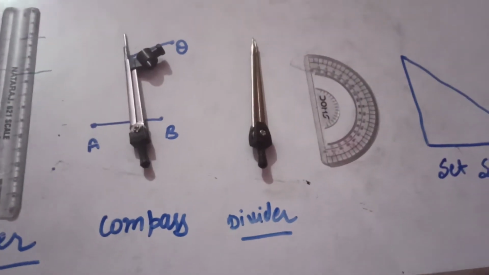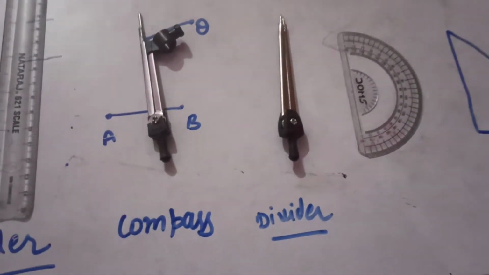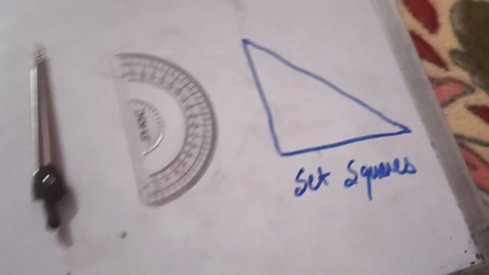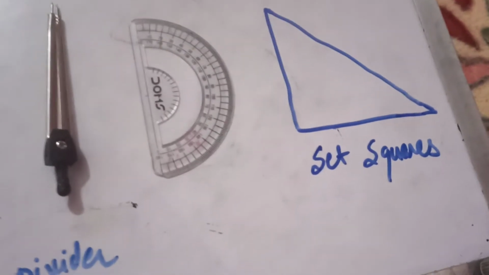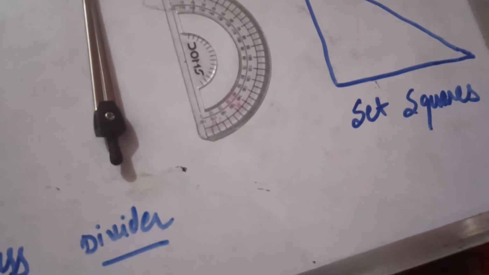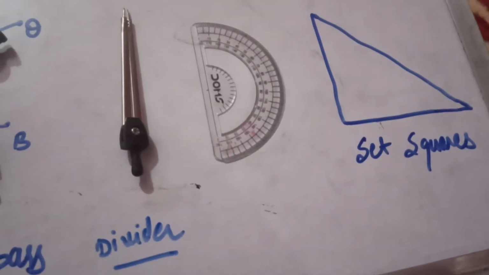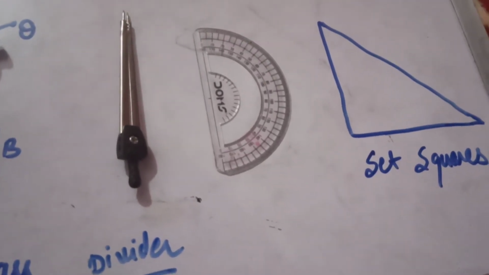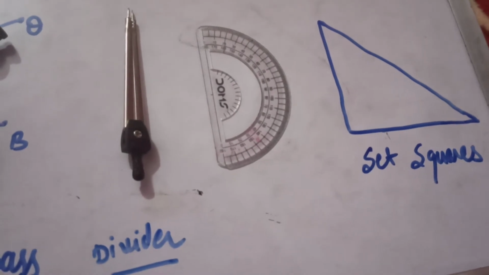After this, our next is about the set squares. What are these? These are a pair of triangular devices. As you can see, these are a pair of triangular devices.